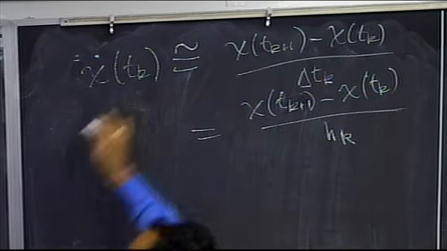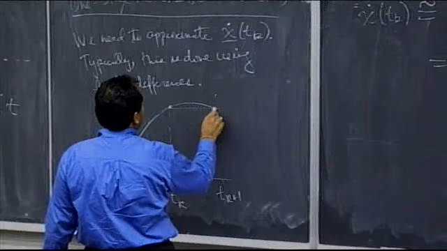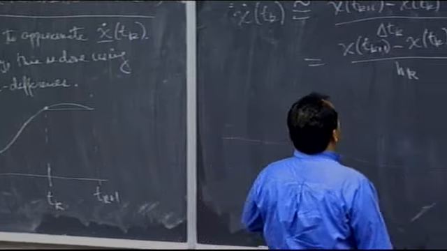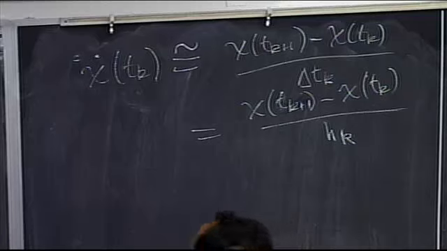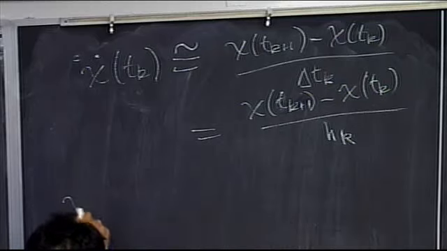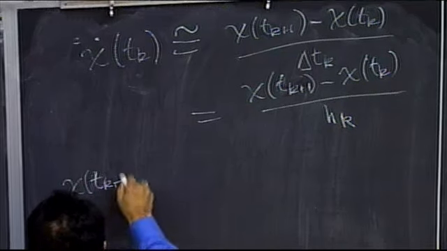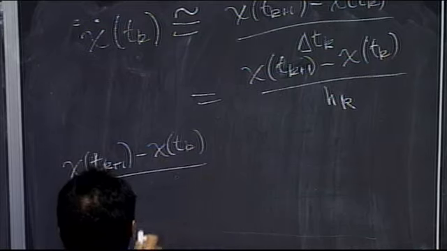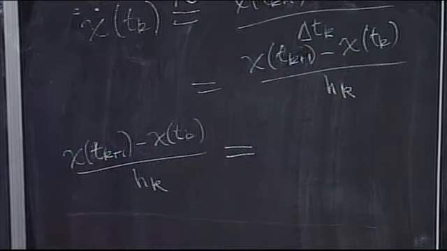Now that's an approximation. That's a first order approximation. In this case, it would look like that. Okay? So if I did this and I plugged it into that equation over there, I've got x at tk plus 1 minus x of tk all divided by hk is equal to something.